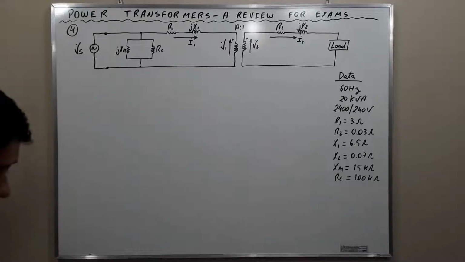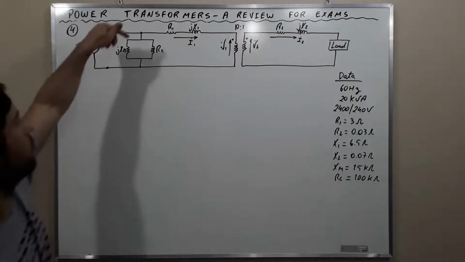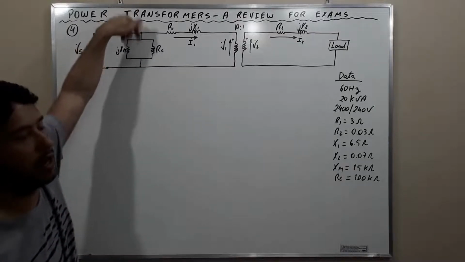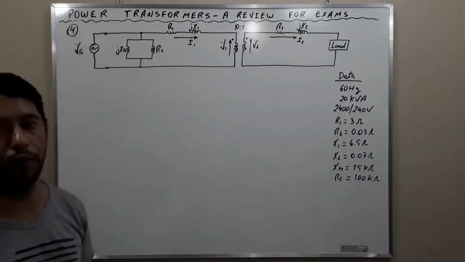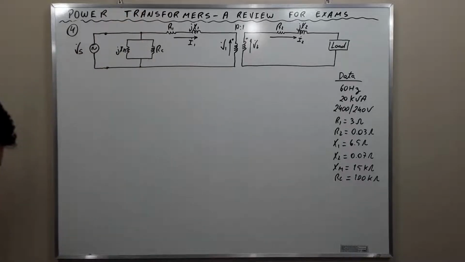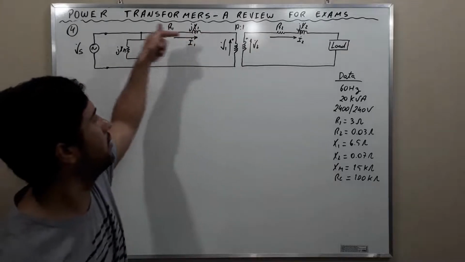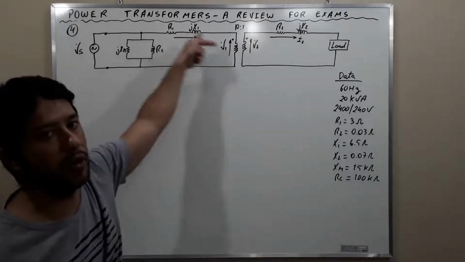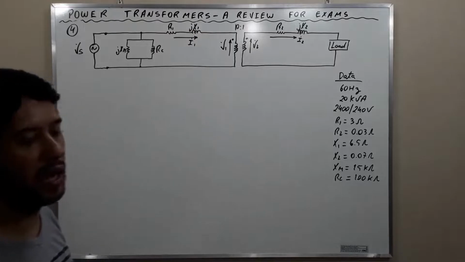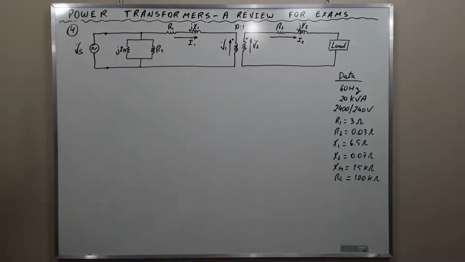Notice that there is going to be magnetization current here in the magnetization branch. Notice that the magnetization current is much less than the current along the wire. This current here, I1, represents the current along the wire of the winding of the transformer.